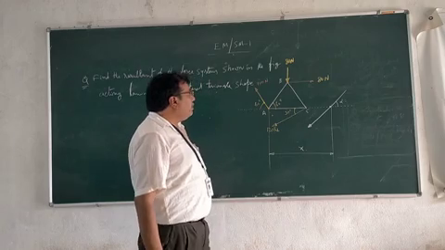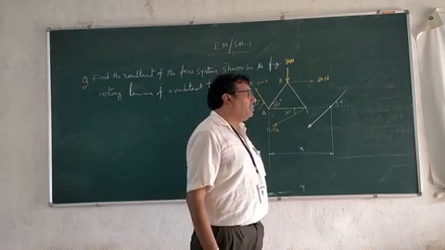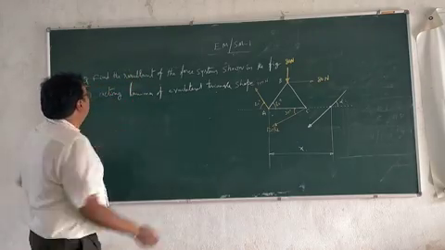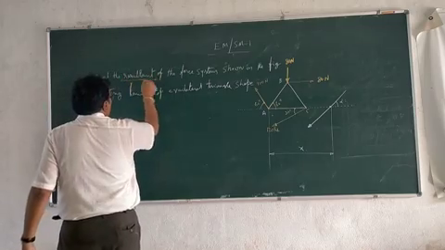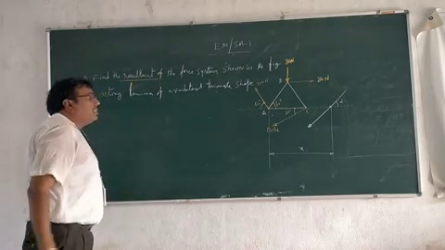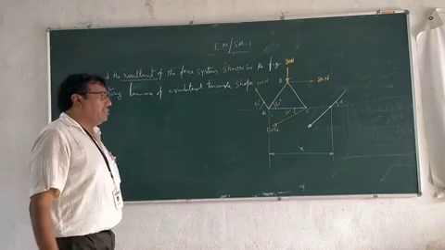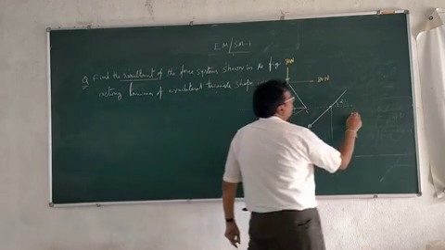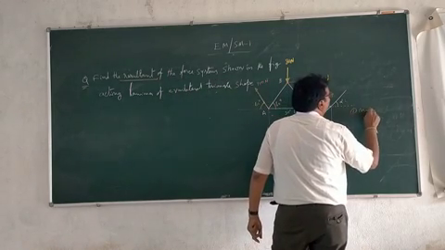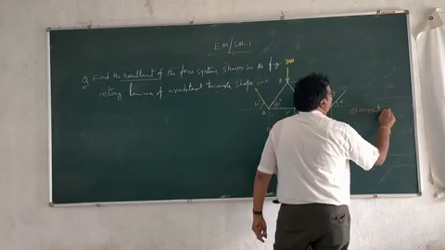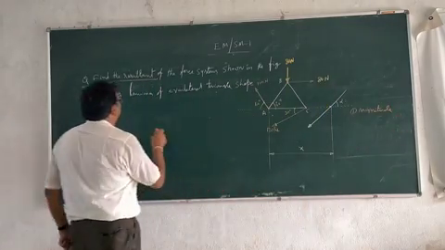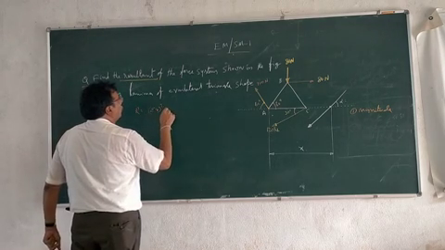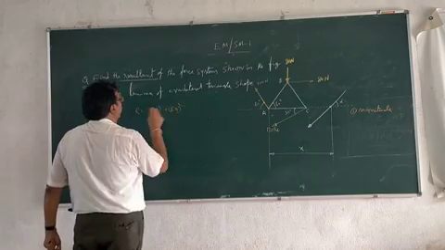That's why we should determine the resultant as per the given data. Find the resultant. Resultant means we should determine the four characteristics of the resultant. Number one, magnitude. What is it equal to? Square root of sigma x whole square plus sigma y whole square.